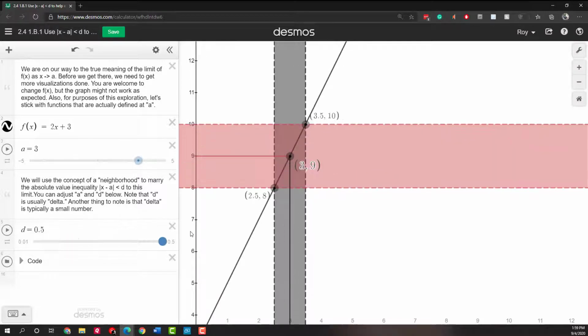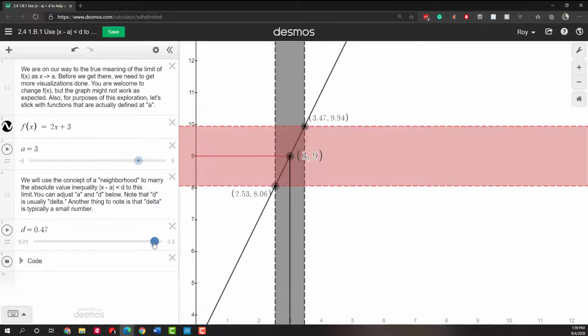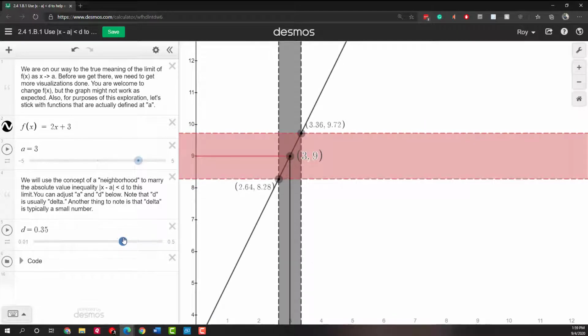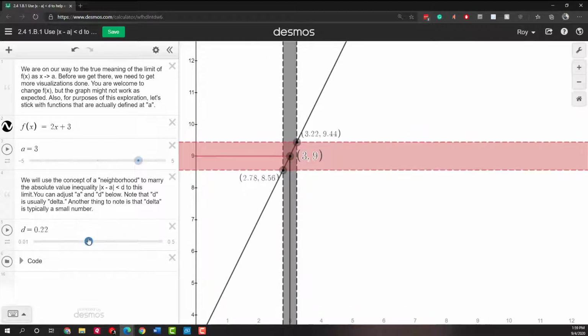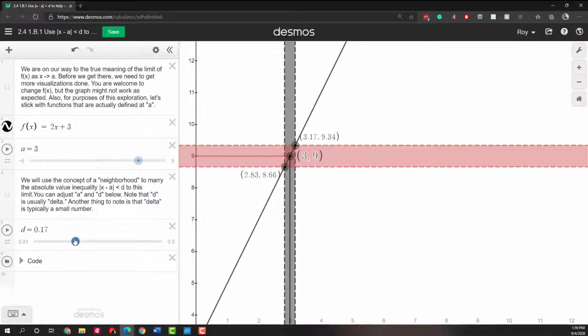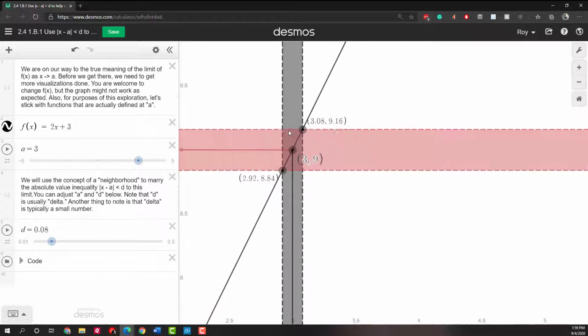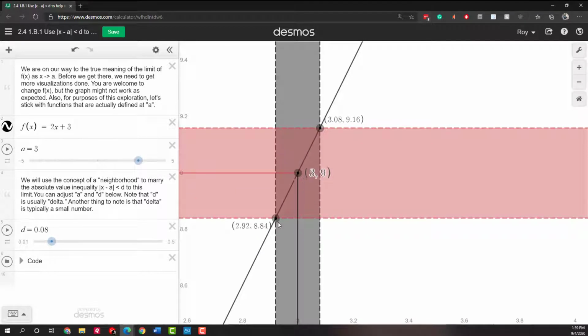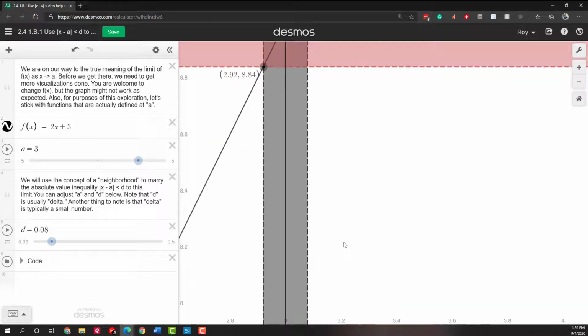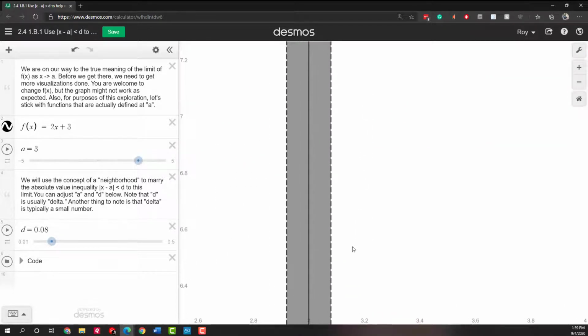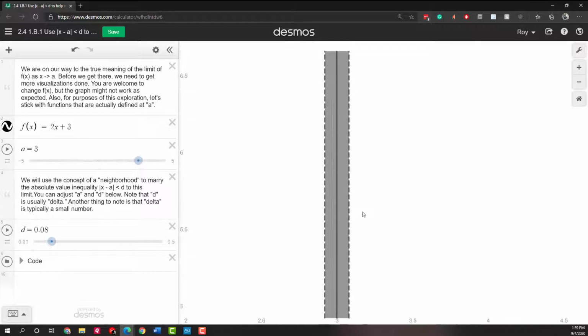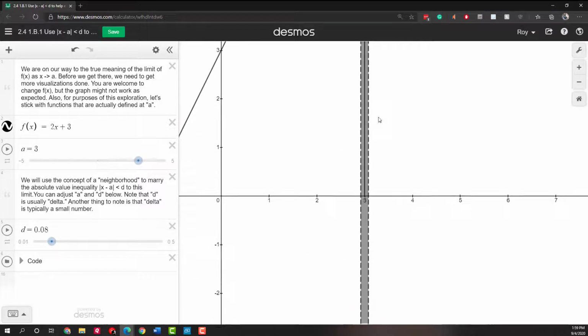And watch what happens when I do this. As I close that neighborhood, you do see that simultaneously we can find a neighborhood around 9 that also closes. Our goal is to see that all the x values in that gray area, when in reality they're way down here on the x-axis, so please forgive me if I say x values in the gray area.